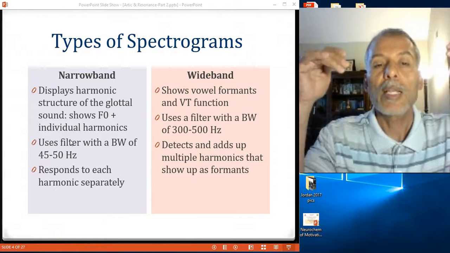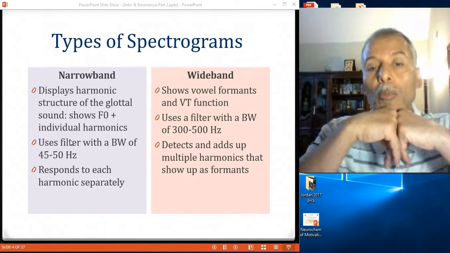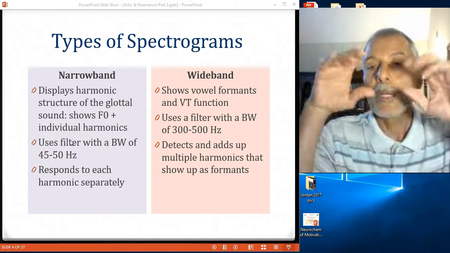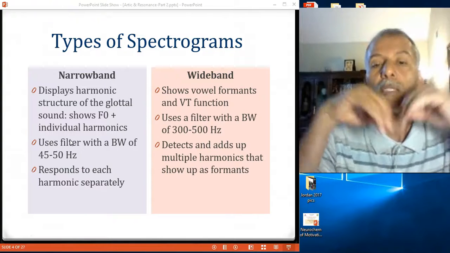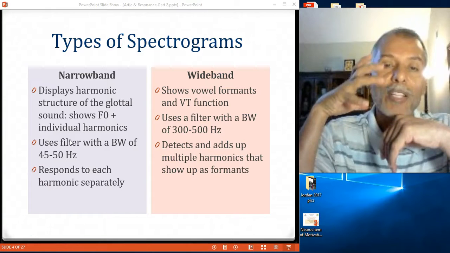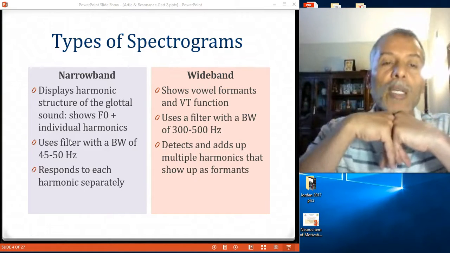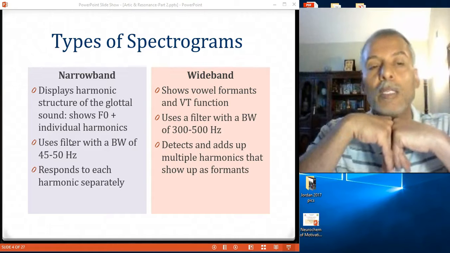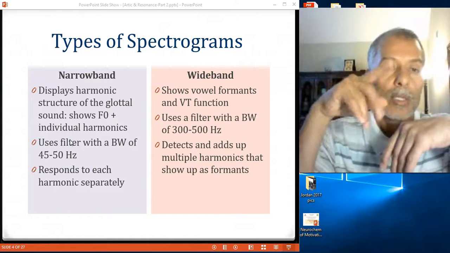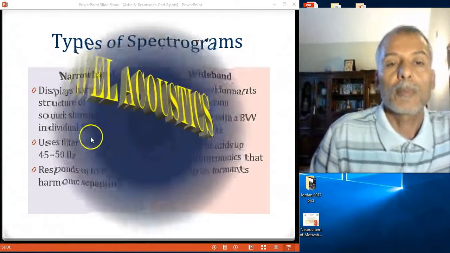So then it detects and adds up multiple frequencies, multiple harmonics that show up in the vocal tract itself as formants. So again, one looks at the vibration of the air patterns in the column of the vocal tract, and the other one, which is the narrowband, looks for the harmonic frequencies of the vocal folds themselves.